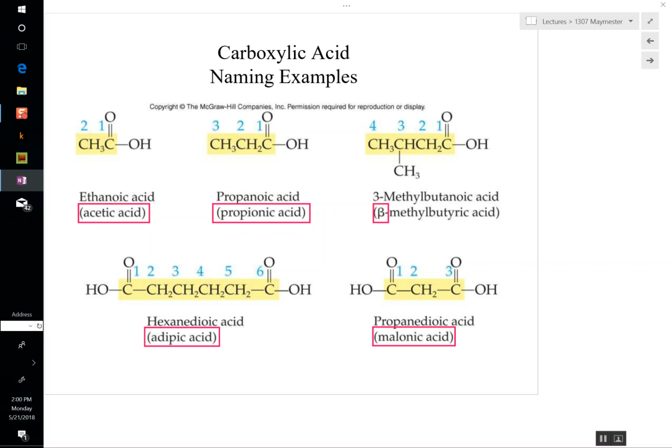We're going to keep the E. If it was only 1, we'd call it propanoic acid. But there's 2, so we keep the E just so we don't have an N and a D sitting right next to each other. Trying to figure out how to pronounce that. So it's propanedioic. Here you can see these common names: malonic acid, adipic, acetic, propionic, beta-methylbutyric.